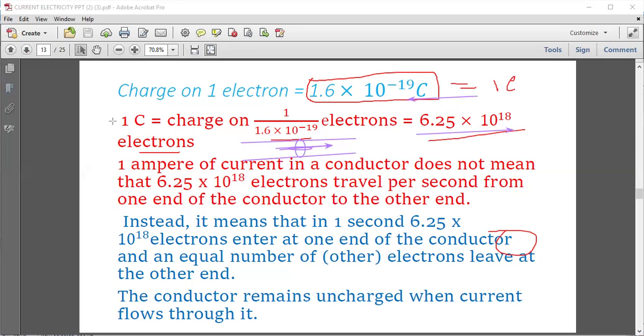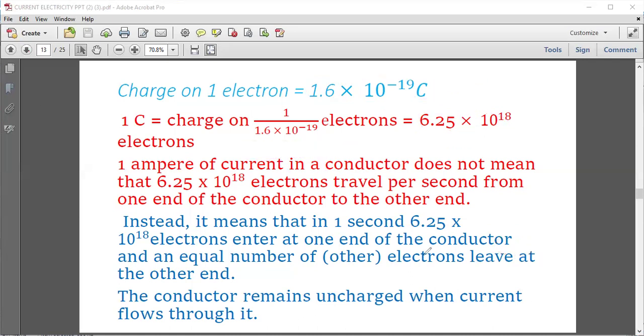Means instead of 1 coulomb we will say that when this much number of free electrons cross any cross section in 1 second, current is said to be 1 ampere. Current will be 1 ampere when this much number of free electrons cross any cross section in 1 second.